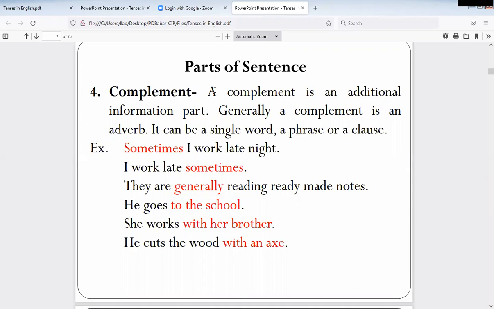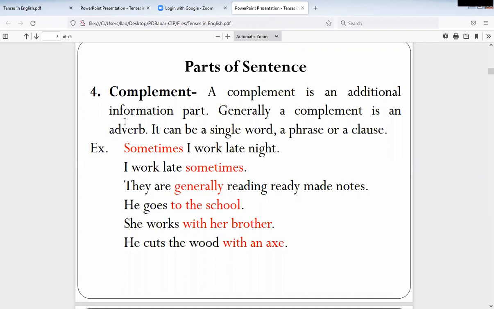It can be a single word, a phrase or a clause. It may be a single word like "sometimes" or "initially." These are words that come alone in a sentence.